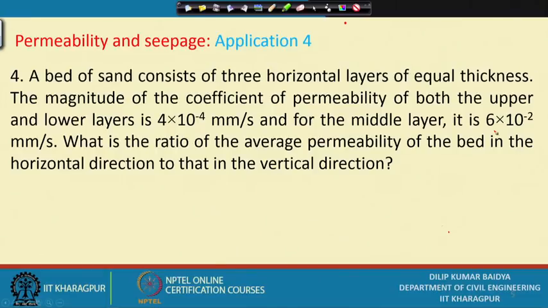When you apply it in vertical and horizontal direction, it will be different, and that is what the question asks: what is the ratio of the average permeability of the bed in the horizontal direction to that in the vertical direction. The average equivalent permeability in x direction and z direction will not be same, as we have shown while discussing the topic.